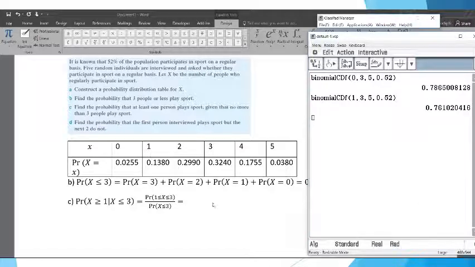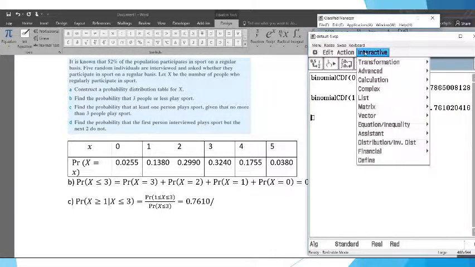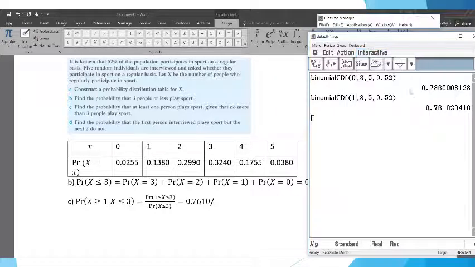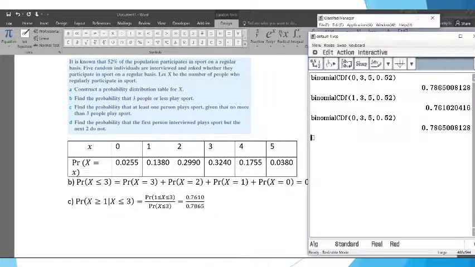That's 0.7610, over, and we want specifically the probability of x less than or equal to 3, which is the same as the one before, so 0.7865. Put that in your CAS, so 0.9676.